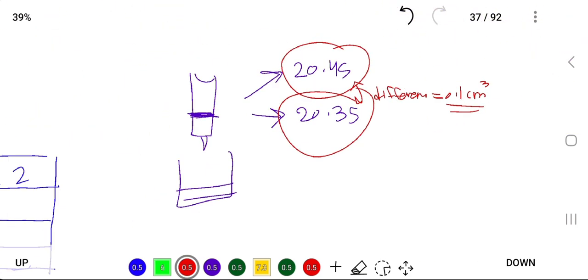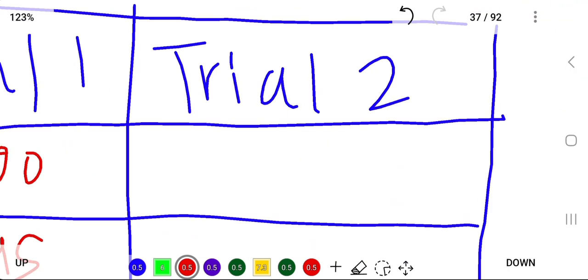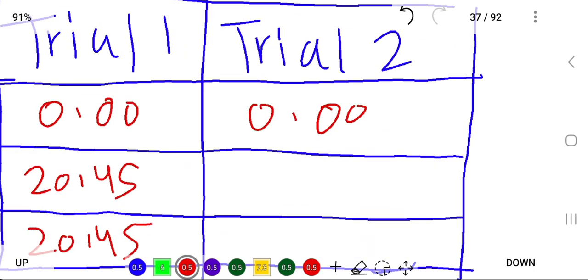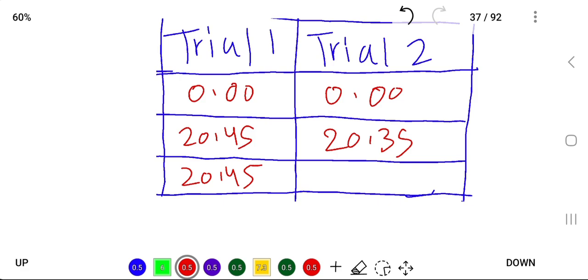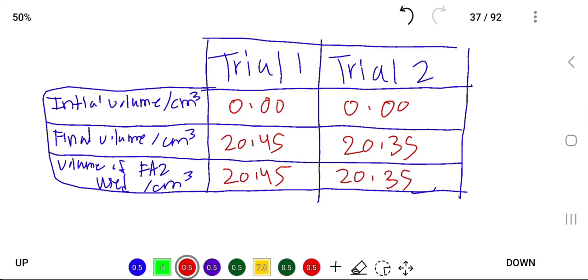Now for trial 2, we said we got 20.35, but first the initial volume: you will do the experiment once again from 0. Now we got the final volume, this is 20.35. The volume of FA to use is the difference between them, which is 20.35 minus 0, 20.35. Now you got the full 7 marks for this.